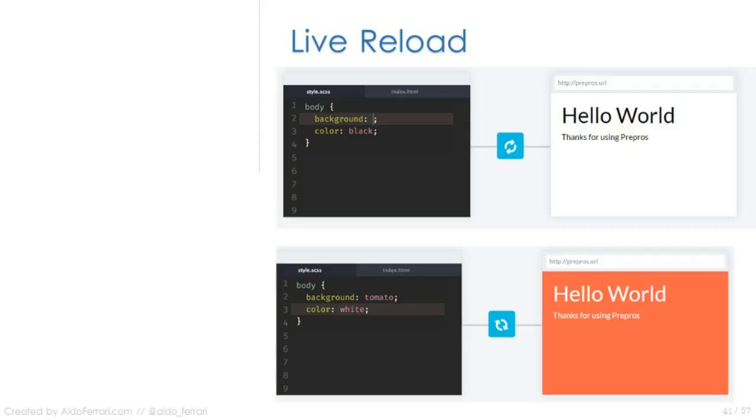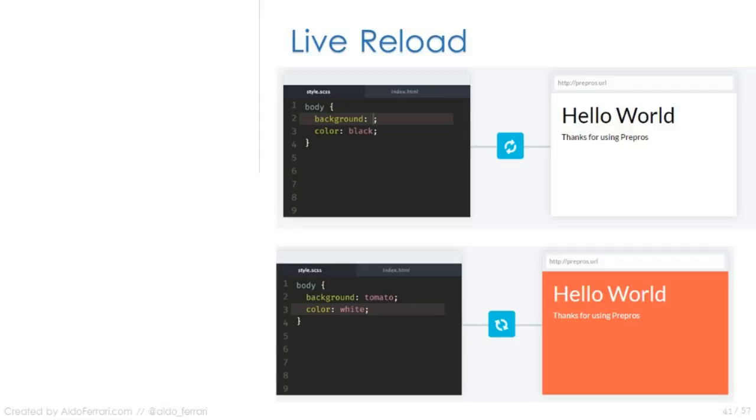A very nice and important thing you can do is live reload. What does it mean? While you are coding, on the left you are changing the background to color tomato, and you change the color of the page to white, and instantly on the screen your page automatically compiles the changes and redeploys the application on your local server in Prepros, and you see the changes immediately.